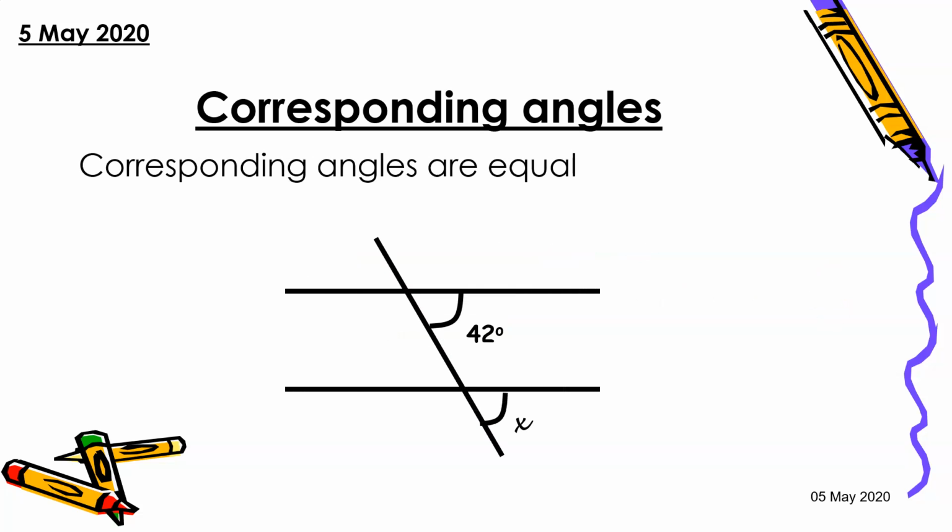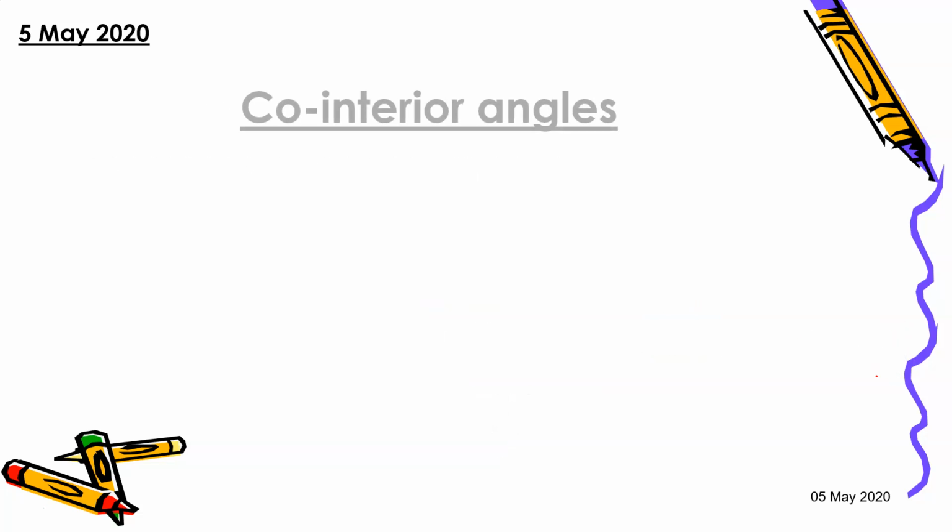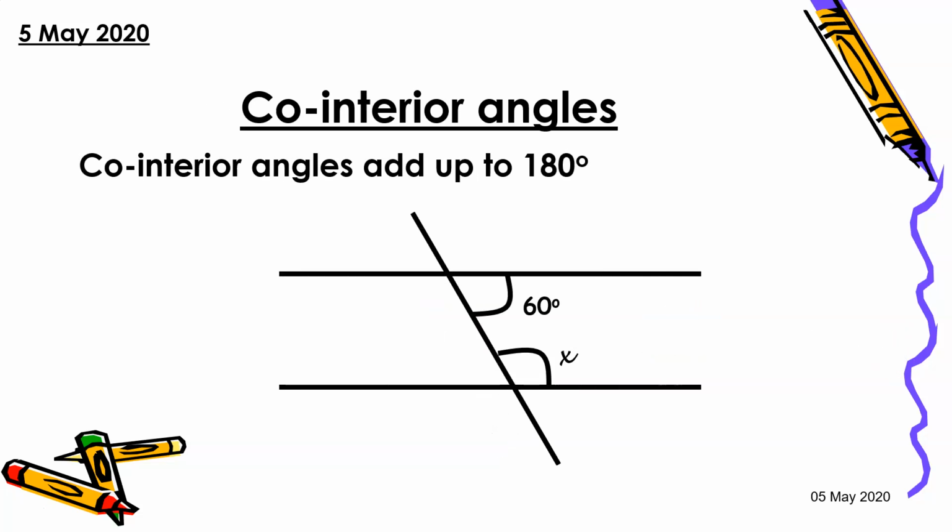We can do that for corresponding as well. We make an F shape, so x must equal 42, and that's because corresponding angles on parallel lines. And lastly, co-interior.